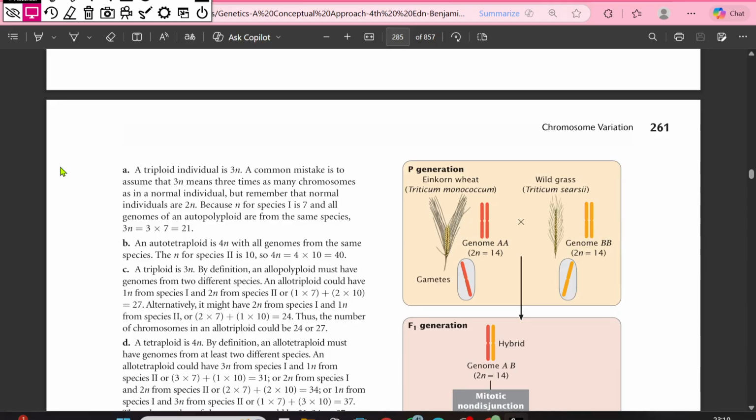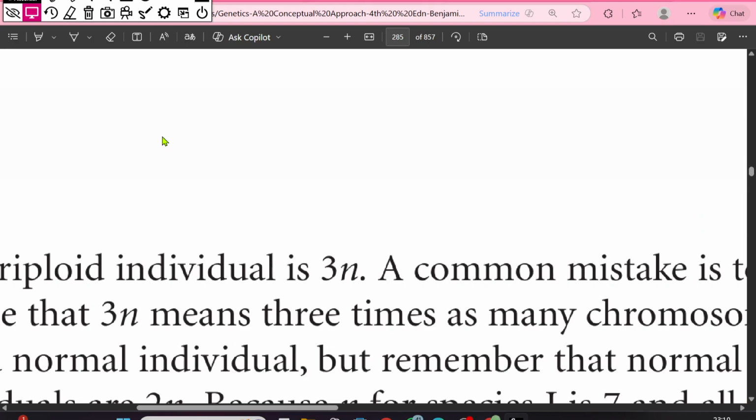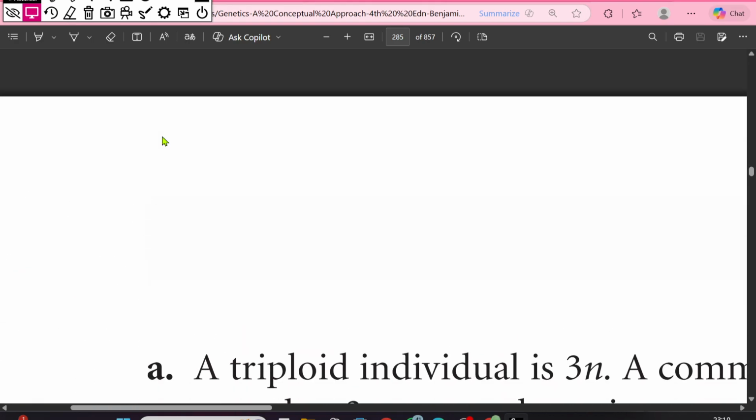Let me take an example here. Let me try to explain. So, allopolyploidy is again a kind of polyploidy, but it is occurring by two individuals.